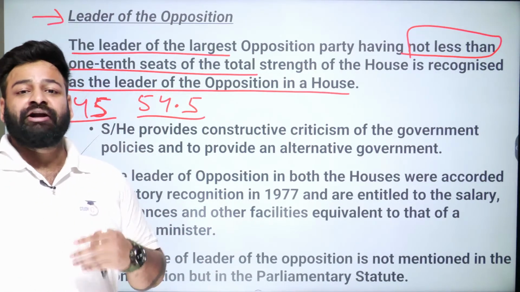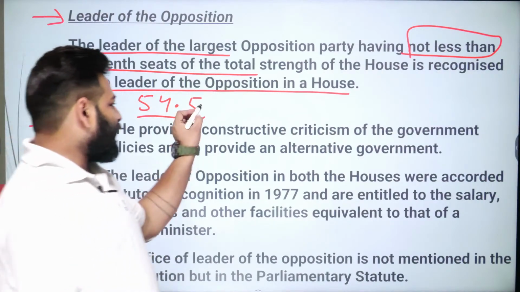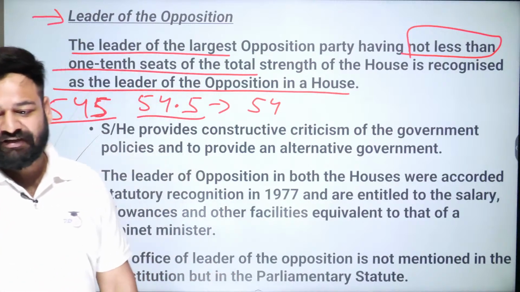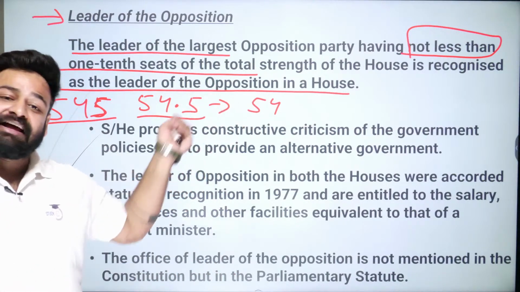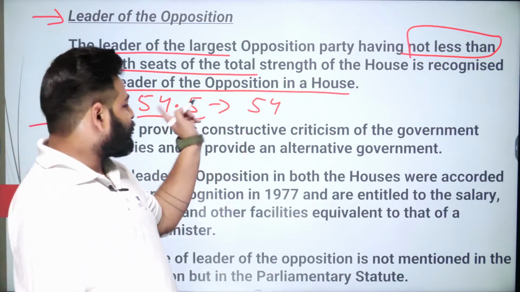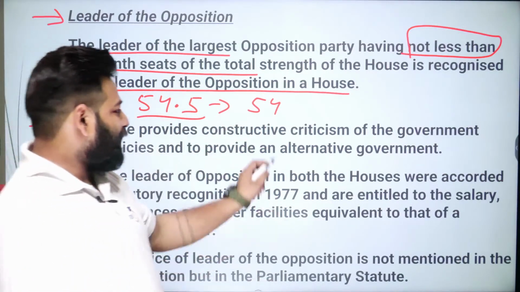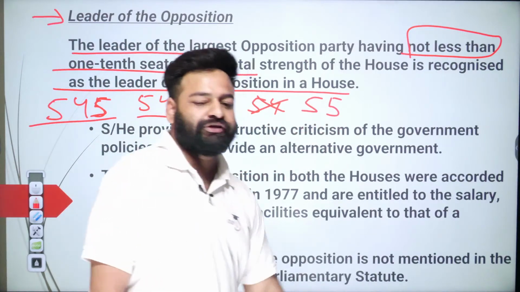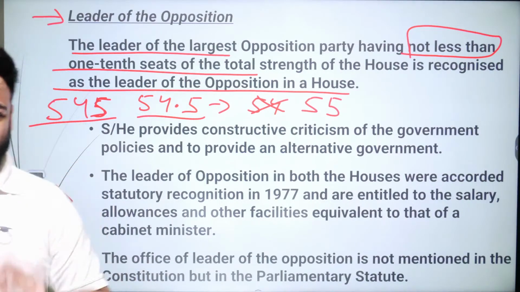I'll have to go ahead with a round figure. So can I go with the number 54? No, because it is less than 1/10. It should be at least 1/10. So with regard to a round figure, I will have to convert it to 55, in context of the present number of seats.